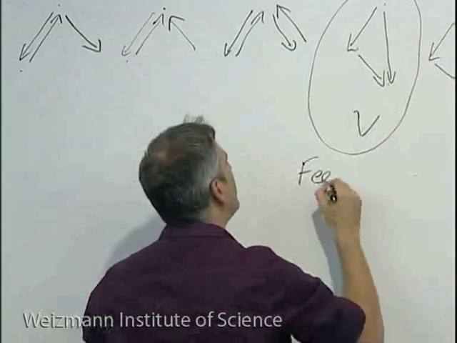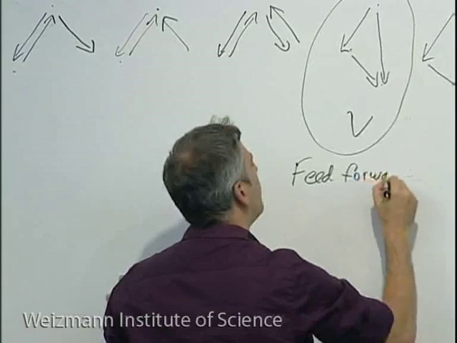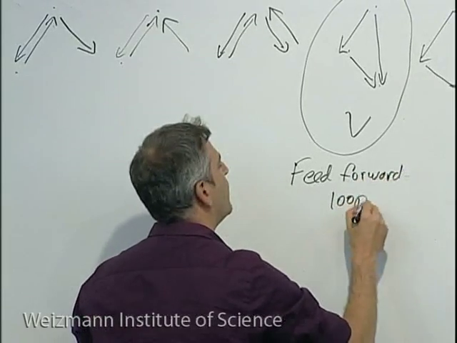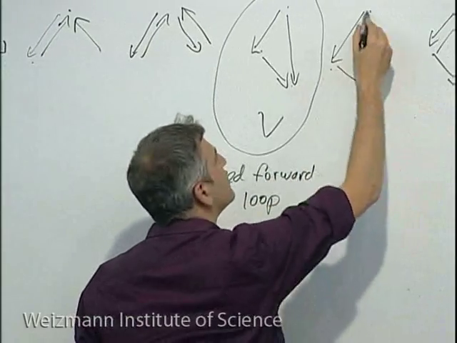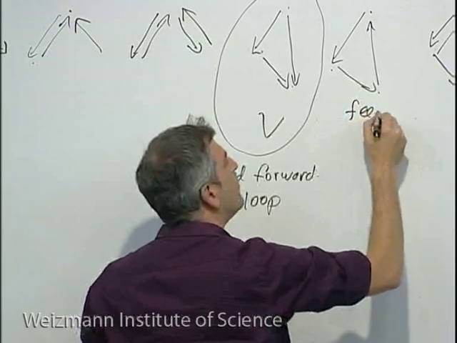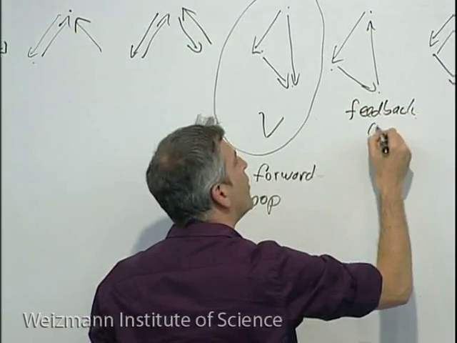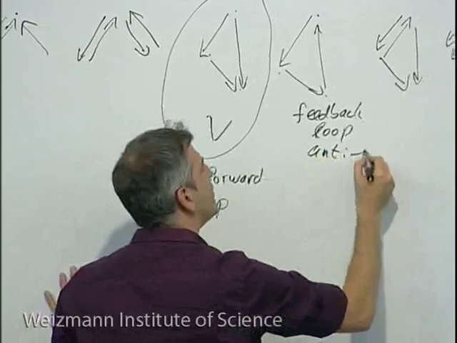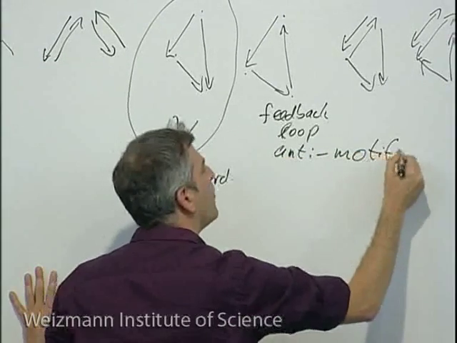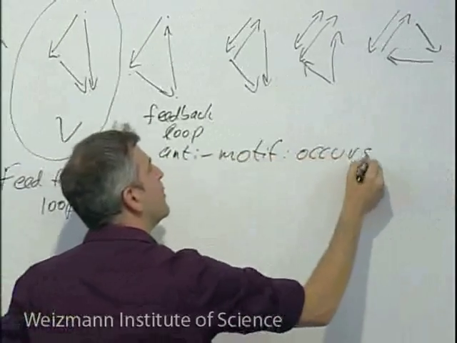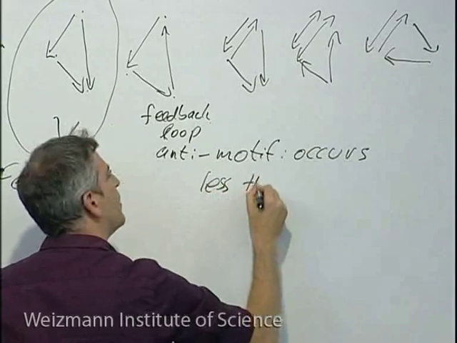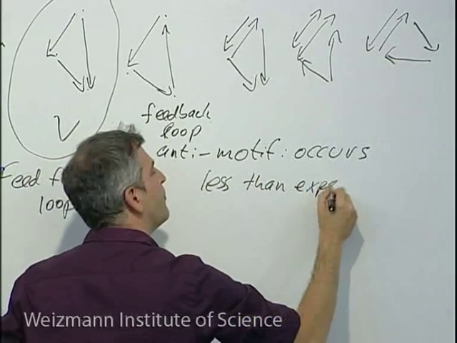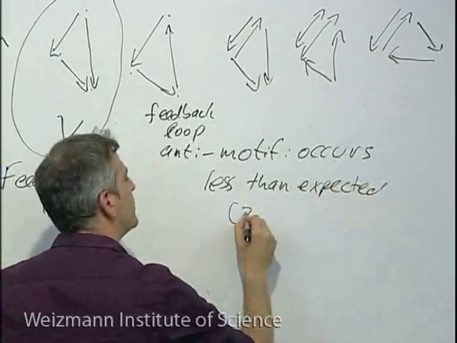Feed-forward loop. This one, the cycle, this feedback loop, is an anti-motif. Occurs less than expected. Actually, it occurs zero times.